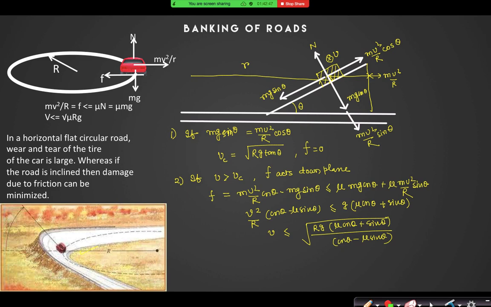In a very similar case, can we calculate what is the minimum value of that velocity that is permitted? Just try to find. Sir, it will be minus above and plus below. In that case, v is less than v critical, yes or no? Yes. So in that case, what will be the direction of friction force?